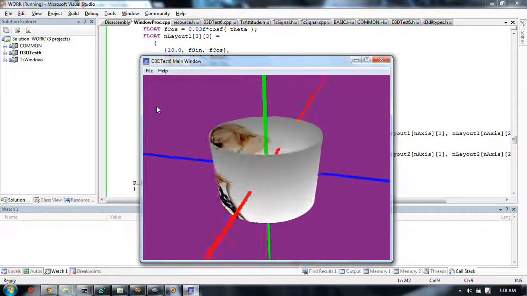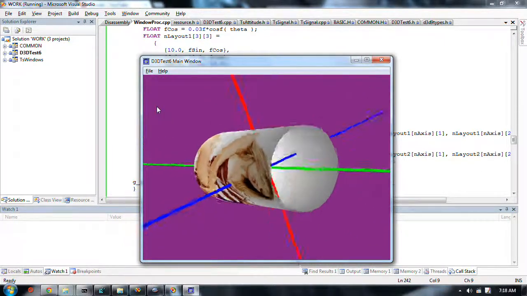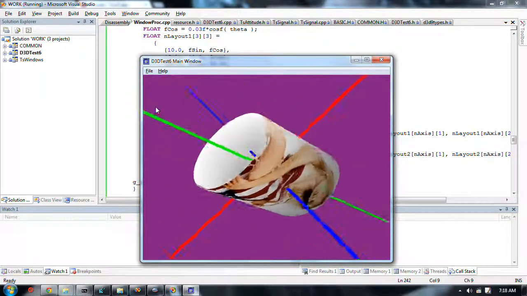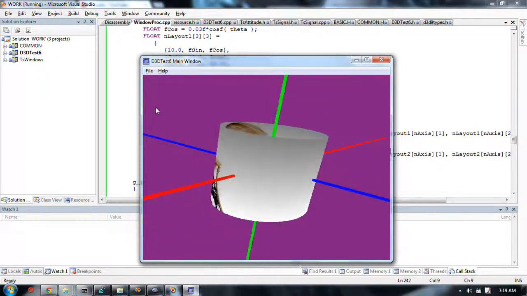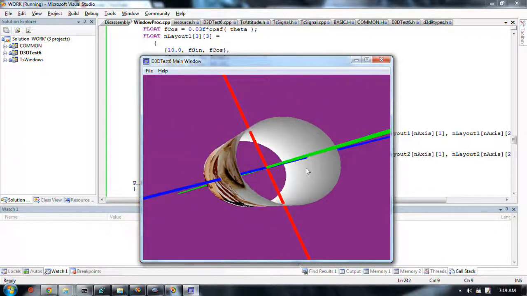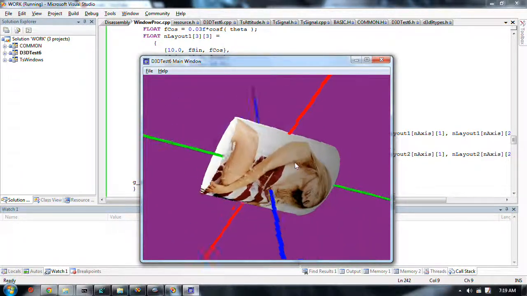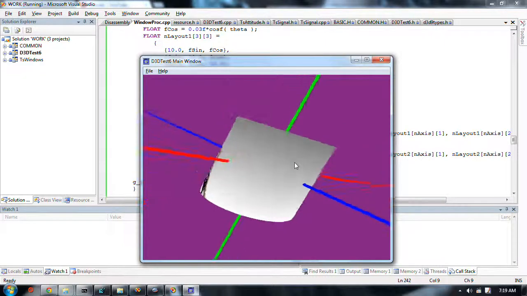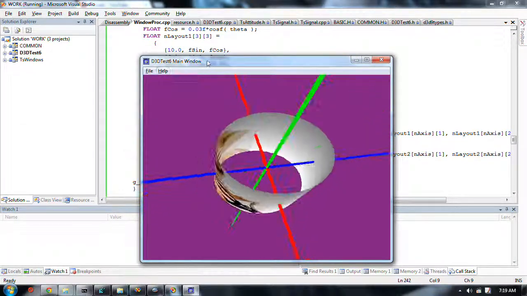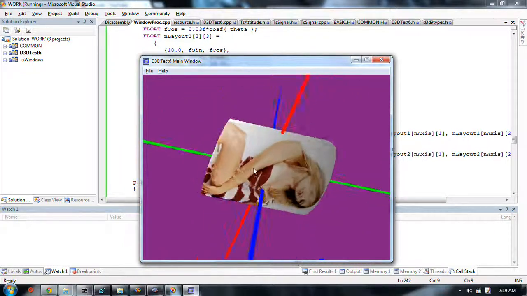Okay. Now, is it really doing that? Well, it's difficult to tell. Certainly, our world view is supposed to be rotating about X and Y. And you almost can't, pretty much you can't tell, right?